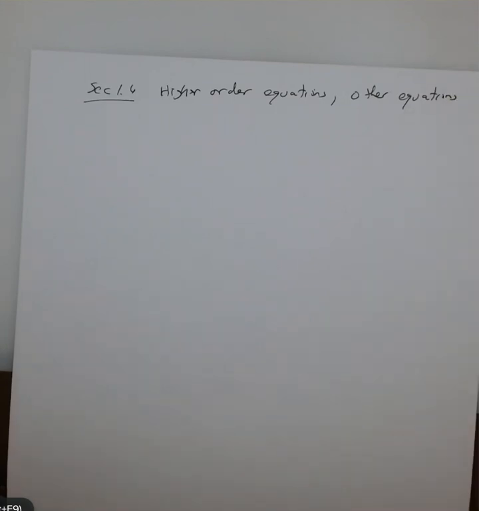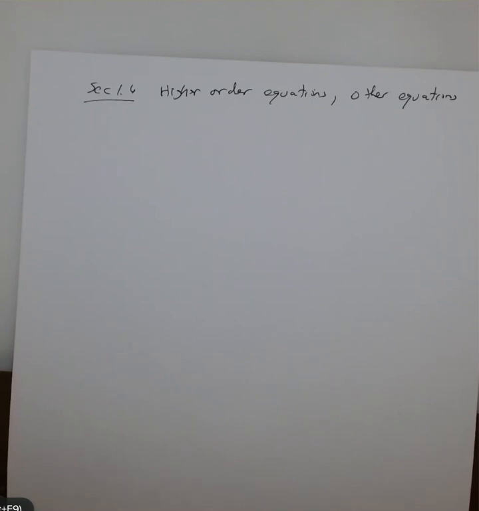Higher order equations, other equations. When you look at my lab, there's all kinds of equations in there. So this is not an easy section. Not an easy section. So make sure you're looking at as many of those lessons as possible to get you through this. It's not easy. Not an easy one.